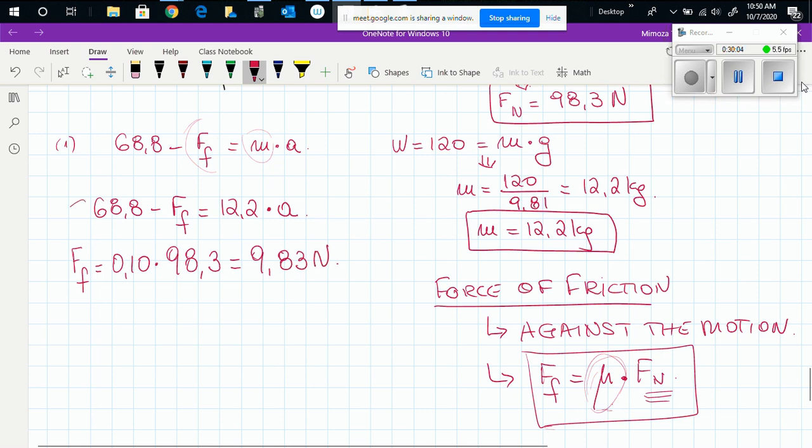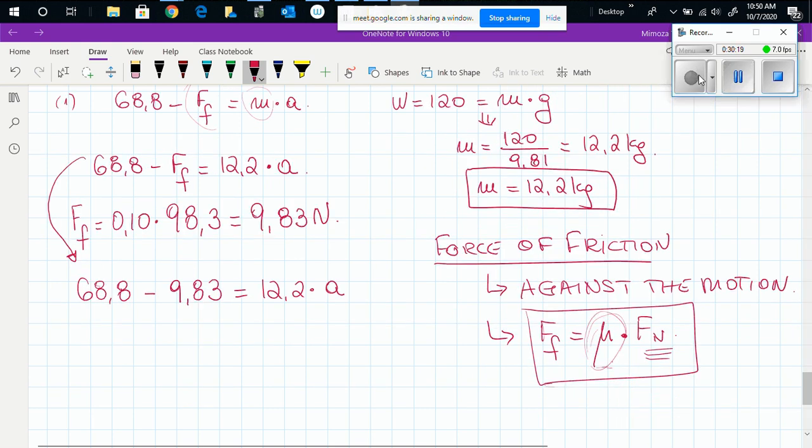Now equation 1 will be the same as saying 68.8 minus 9.83 is equal to 12.2 times A, turning equation 1 into one equation with one variable, A.